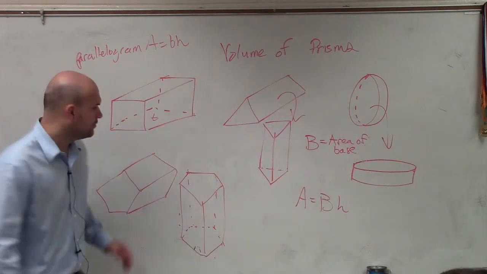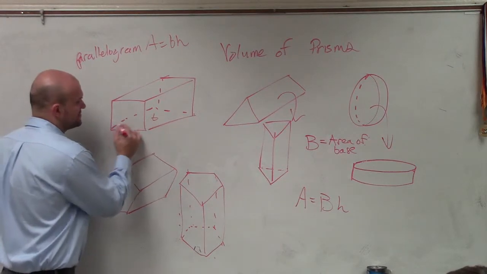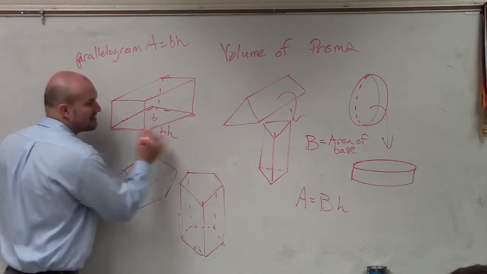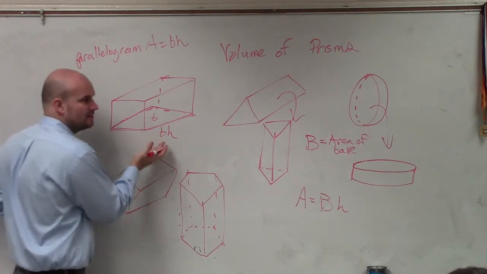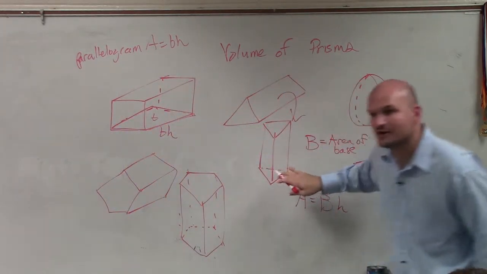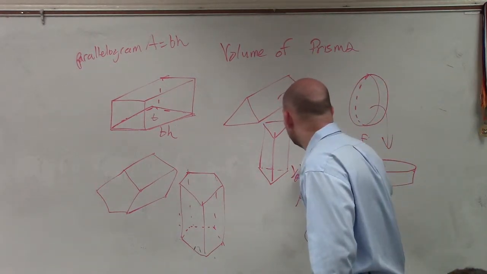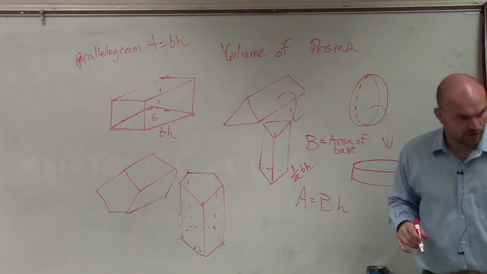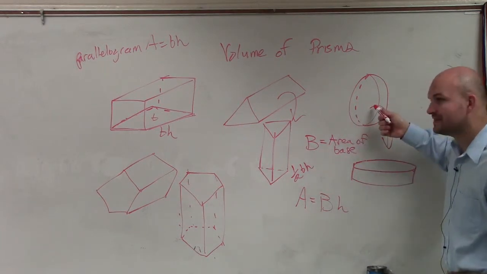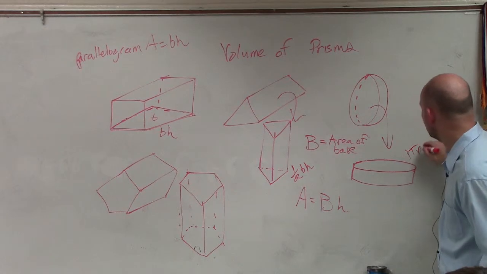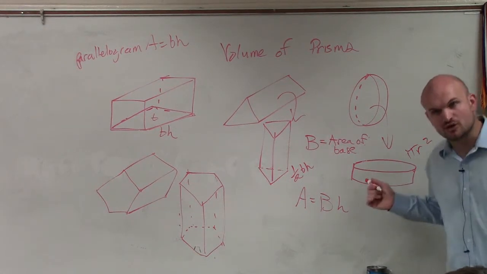So what do I mean? Well, ladies and gentlemen, what's the area of this base right here? The area of this base is base times height, correct? Because it's a rectangle. Here, the area of this base is going to be 1/2 base times height, correct? The area for this base, if you look at it, is going to be pi r squared, because it's a circle.